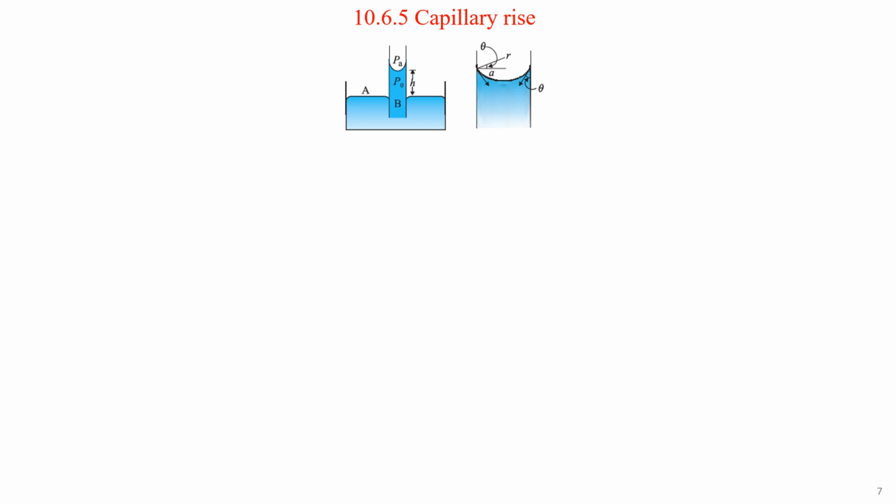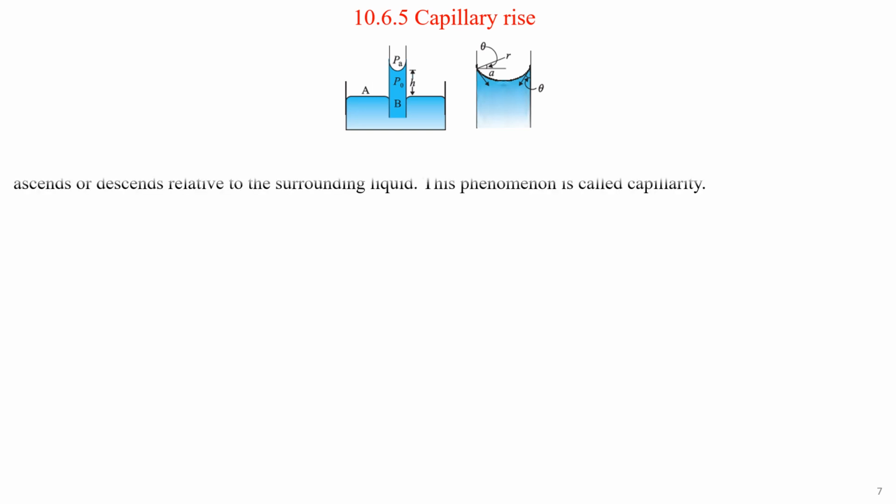To see this, consider a vertical capillary tube of circular cross section of radius A inserted into an open vessel of water as shown in the figure. The contact angle between water and the glass is an acute angle.